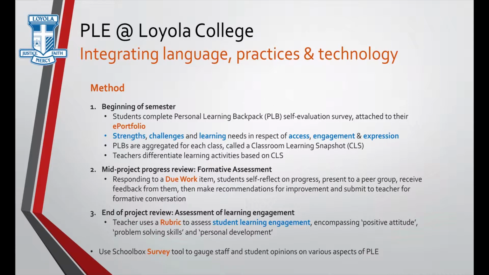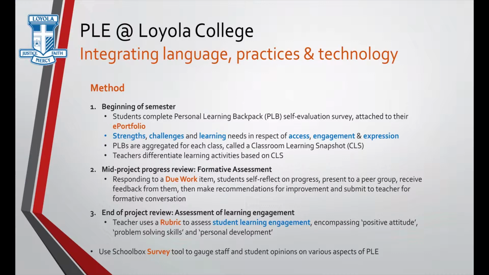Once we have that data, we would aggregate it to the class level so that every teacher would know as a snapshot: here are my students, here are their learning strengths, challenges and needs. Then teachers would have an opportunity to look at their learning activities and see what possible differentiation they might want to introduce given the spectrum of students in front of them. So that was the beginning of semester.